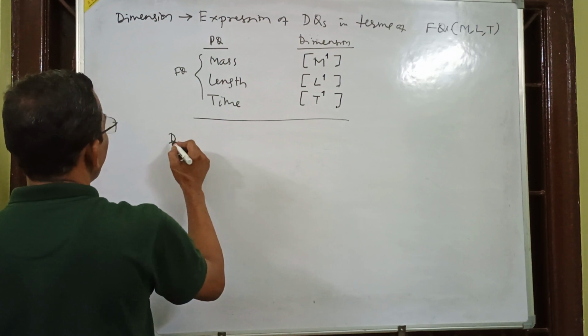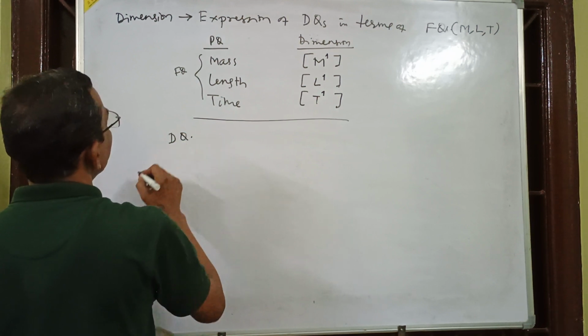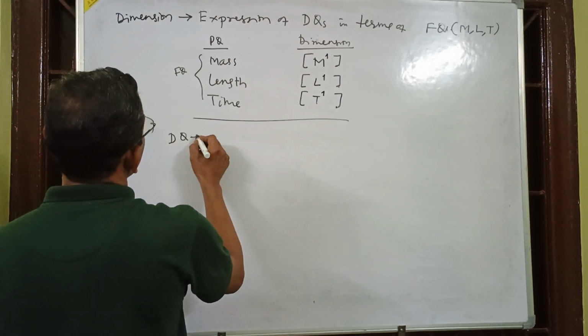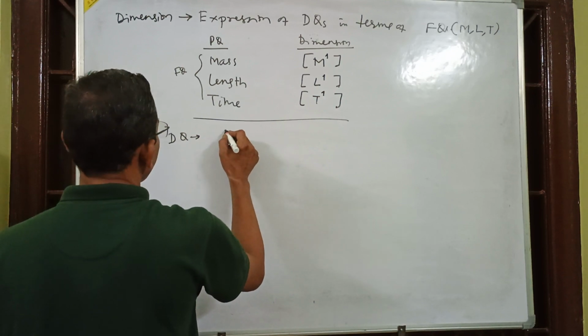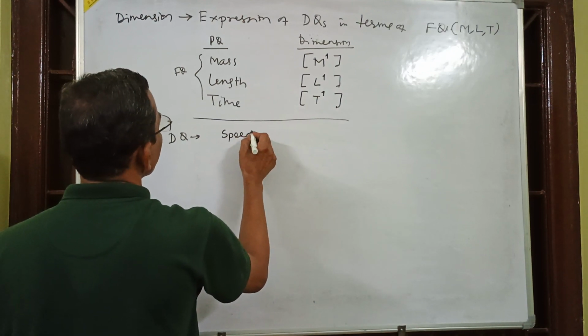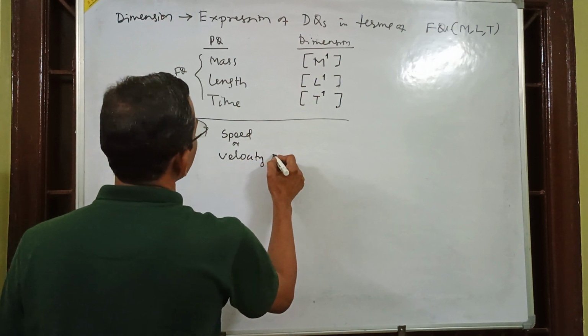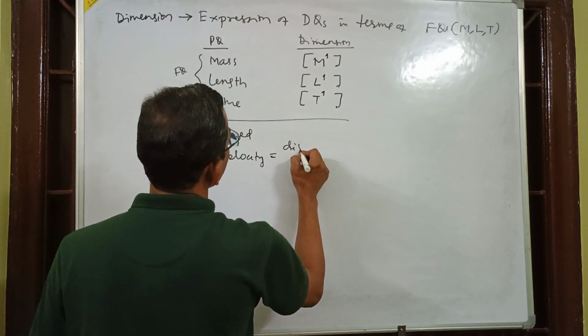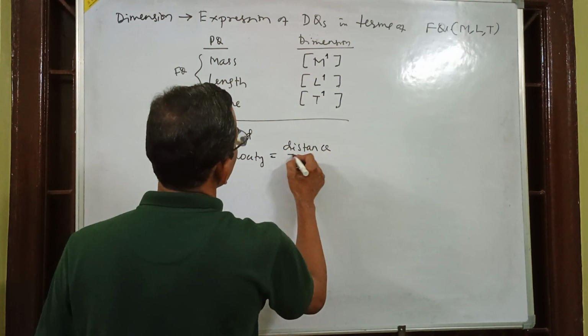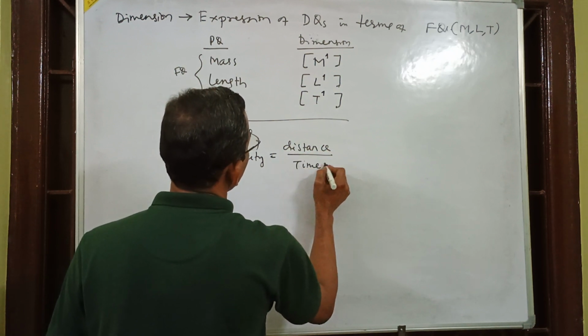Once we find the dimension of derived quantities, suppose it is speed or velocity, it is distance upon time.